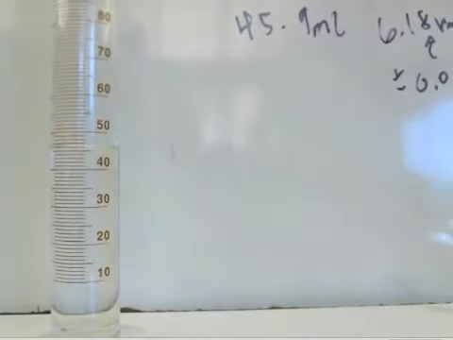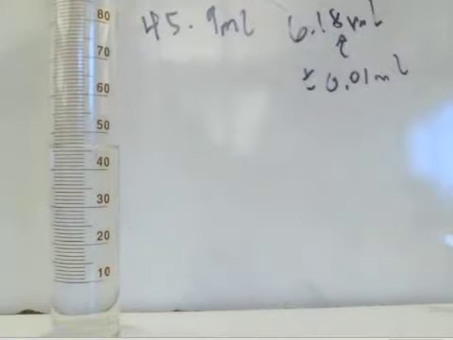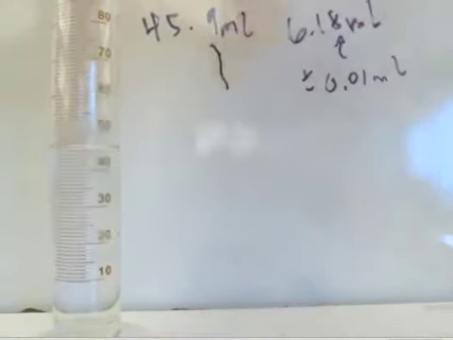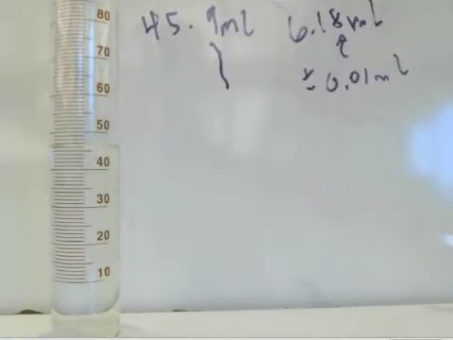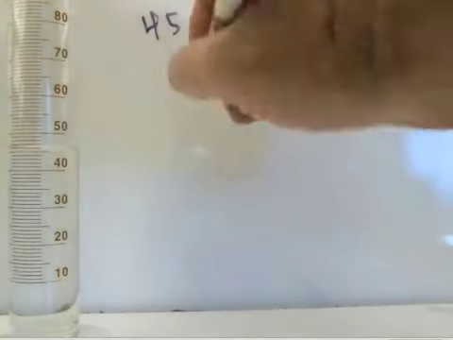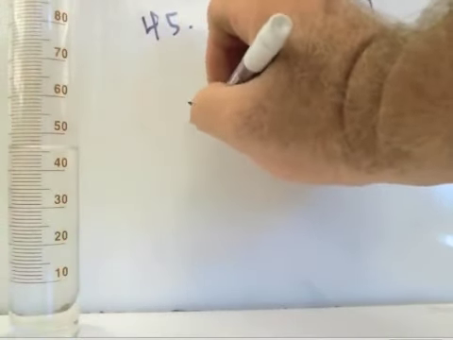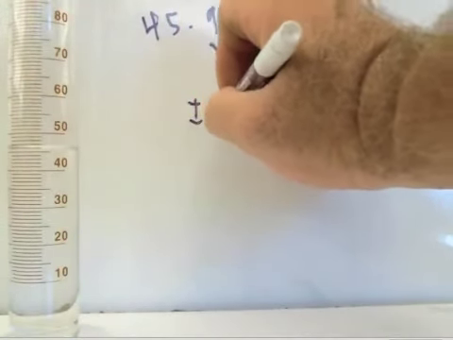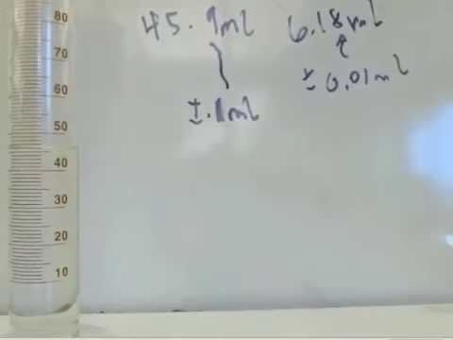You'll notice that what I had before was plus or minus 100th. But this graduated cylinder is going to be plus or minus 10th. Each individual device, you have to look and see what decimal place you will guess. This, we would say, the plus or minus a tenth, we would say the uncertainty is plus or minus 0.1 milliliters. That's the uncertainty.